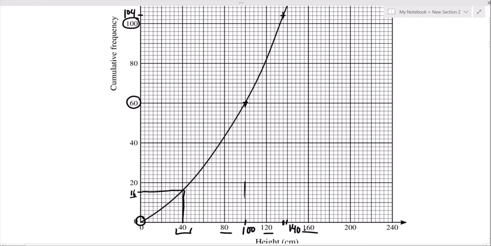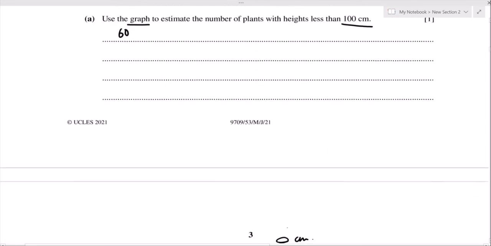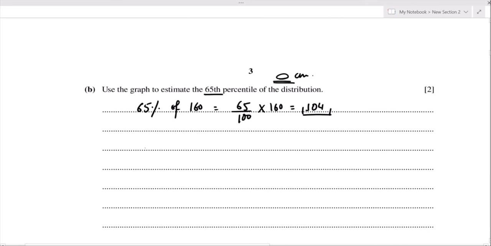And this is the fourth point in between 120 and 140, which means that the required height will be 136. So that is going to be the 65th percentile of the distribution, a height of 136 centimeters. This just means that 65% of the total 160 sunflowers, which is 104, are going to have a height less than 136 centimeters.